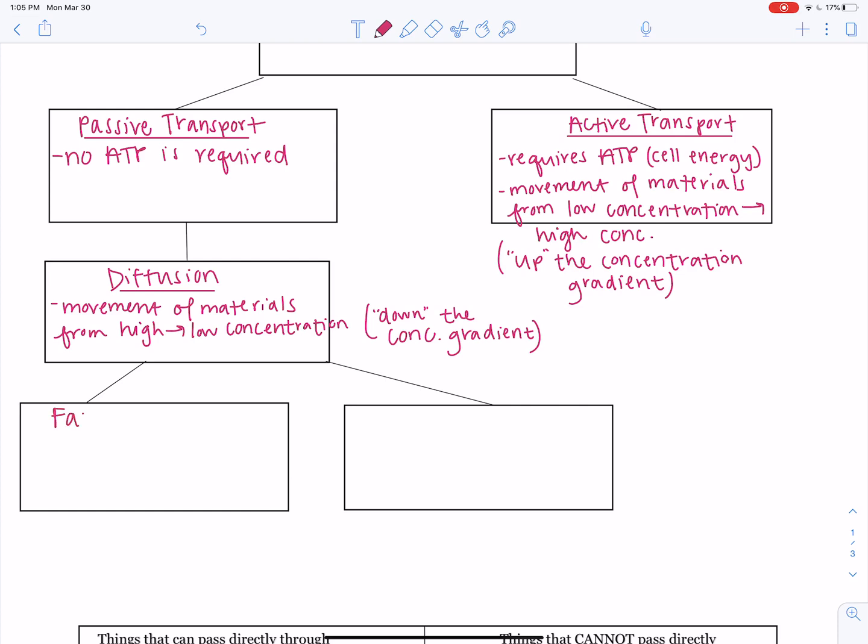So we have facilitated diffusion, which basically means if particles are moving from a high to a low concentration, but they need a transport protein. The transport protein will help facilitate this process.